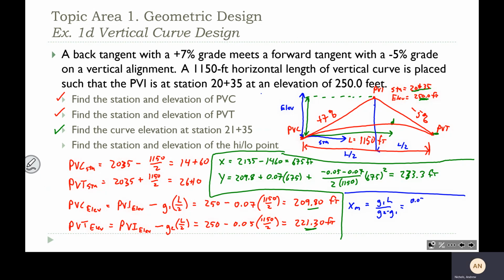We've got 0.07 times 1150 over negative 0.05 minus 0.07. What were the grades that were in your list?